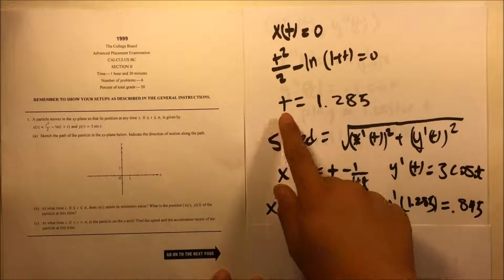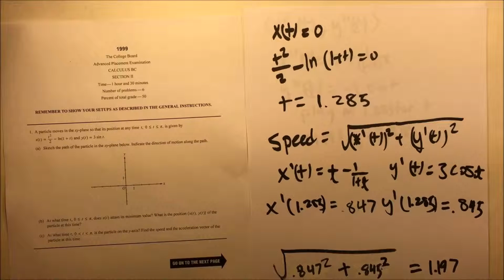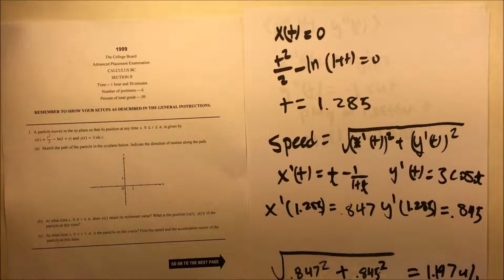We plug our t value of 1.285 into x prime and y prime, and we get 0.847 and 0.845. We plug it into the formula, and we get 1.197. Since this is a speed, it will be in units per time, though it does not specify which.